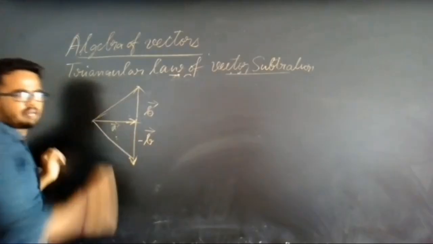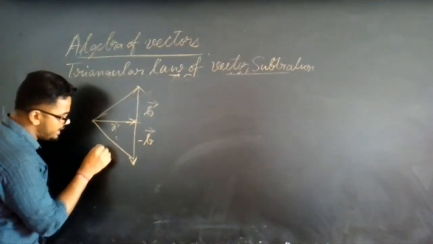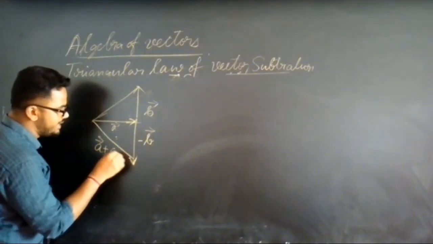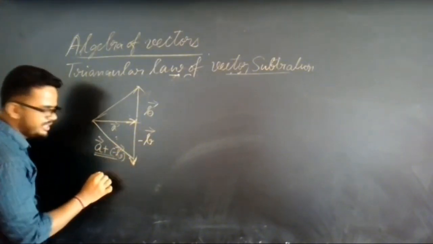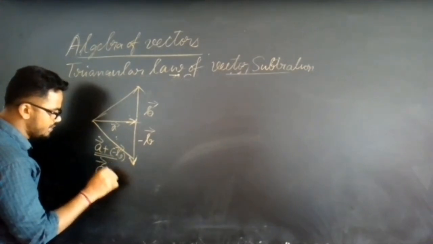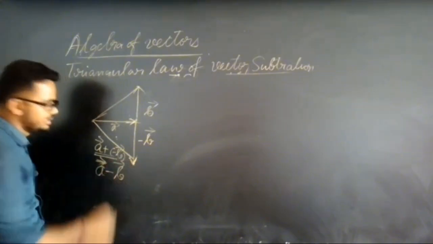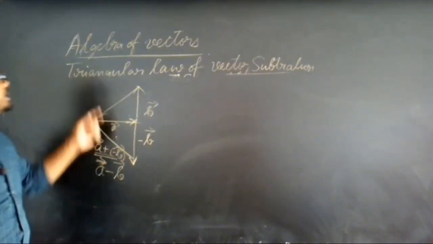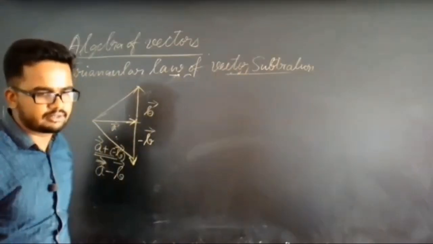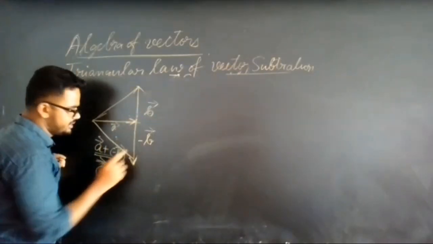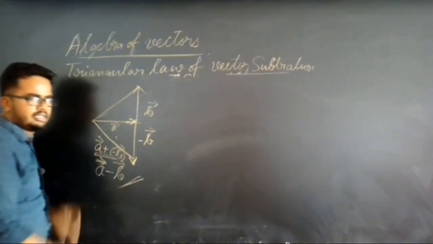Actually the resultant vector is A plus minus B, again addition itself, but the value becomes vector A minus vector B. This is called the triangular law of vector subtraction. If it is in the negative direction, we write that as A minus B. I think this is clear to you.